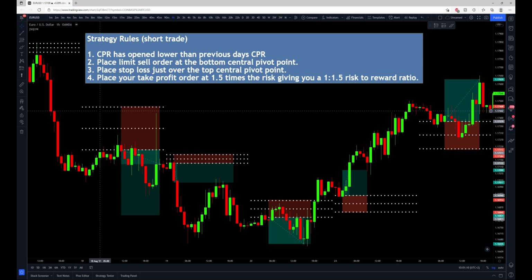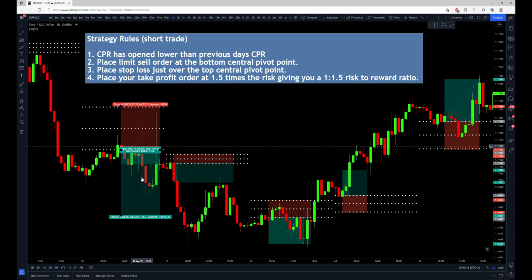In that case, you'd be looking to enter a short, so you'd place a limit sell order at the bottom central pivot point right here. The stop loss will be placed just over the top central pivot point. And the take profit order is at 1.5 times the risk, giving you a 1 to 1.5 risk to reward ratio like you see here.